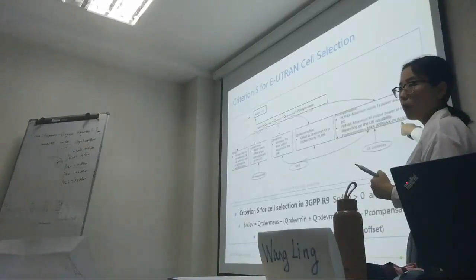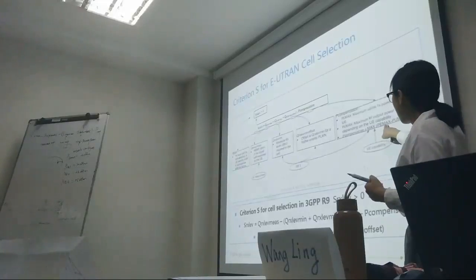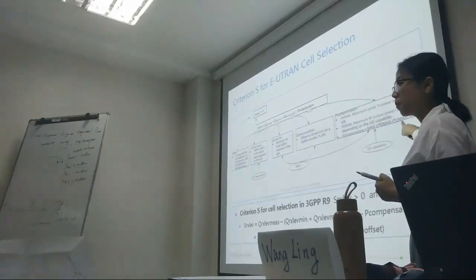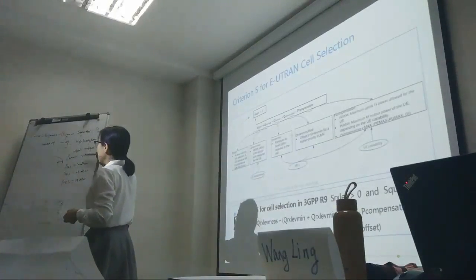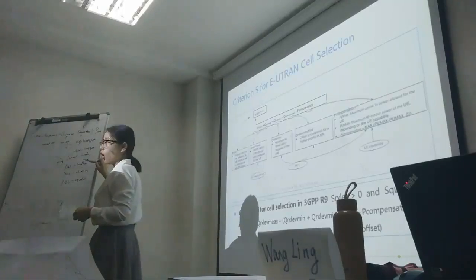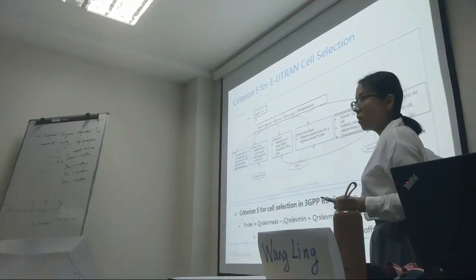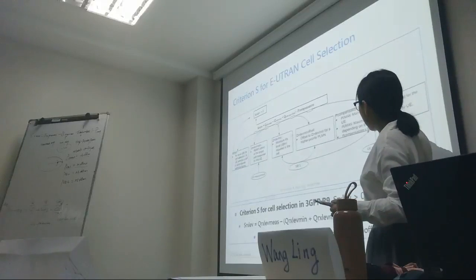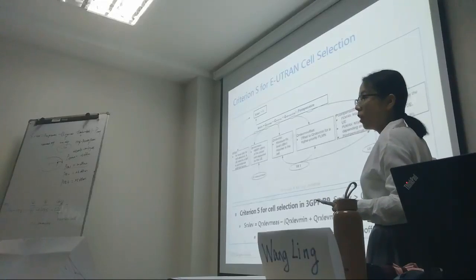It's the UE capability. So if PE max minus PU max, for example for UE1, PE max is greater than PU max. So we should give it 3 dB compensation. Here it is minus 3, and the maximum value is 3.